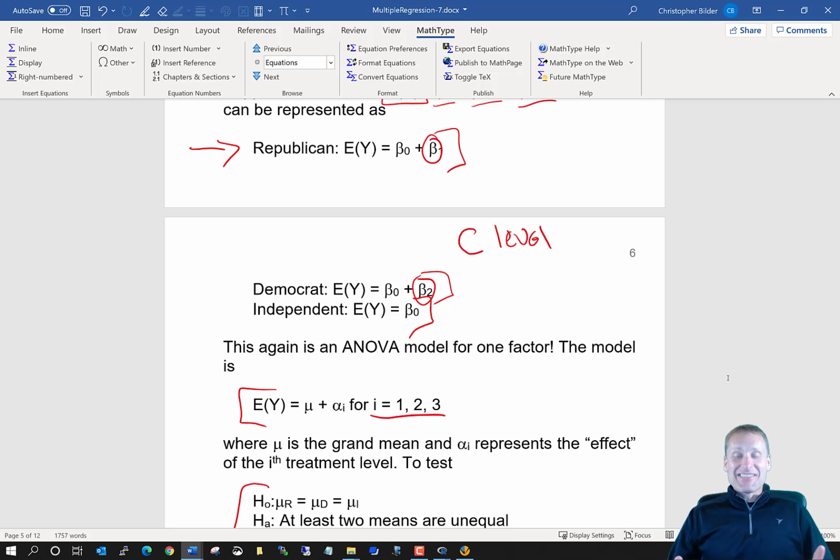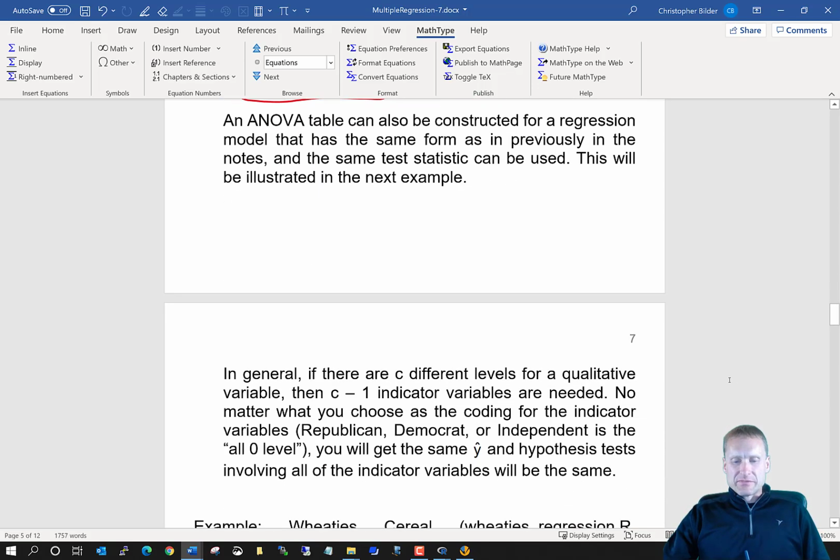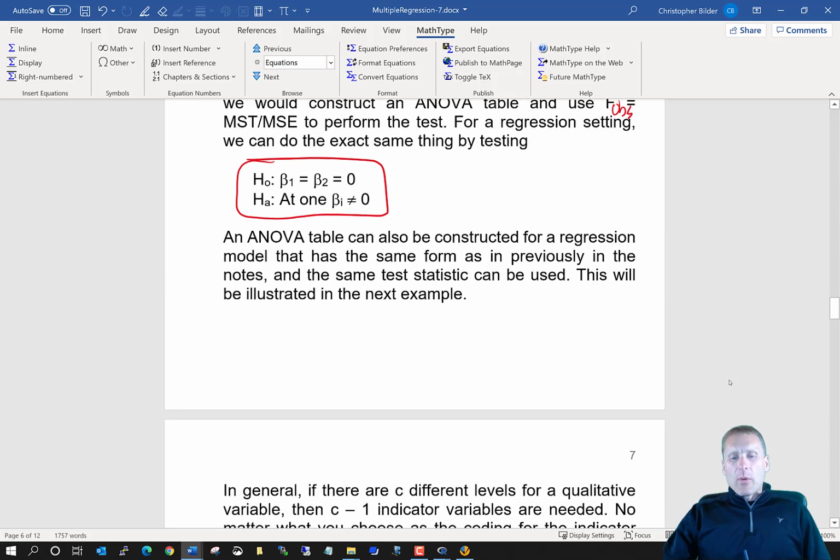The models now become exactly the same. And so that's why doing a test of these betas is equivalent. We haven't talked about all the details of how to do this in a regression setting, but it's essentially exactly the same. There's actually an F test statistic that will allow you to do that.